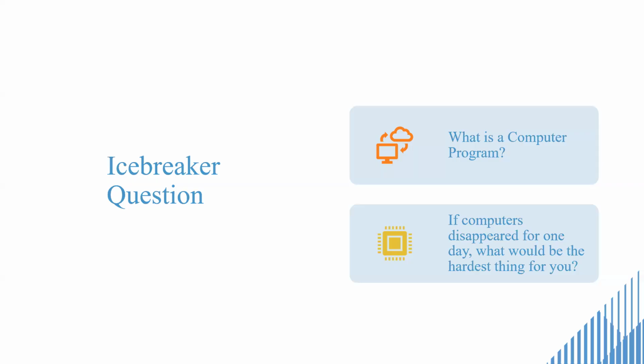Yes, please, Mariam. Thank you, sir, for giving the chance. I would like to answer the first question. What's a computer program? I think a computer program is an application that allows computer hardware to work. Without a computer program, the computer is useless. It cannot do anything. The computer program gives the computer the ability of multitasking. Without that, a computer is just like a chair or a desk, something that cannot do anything.